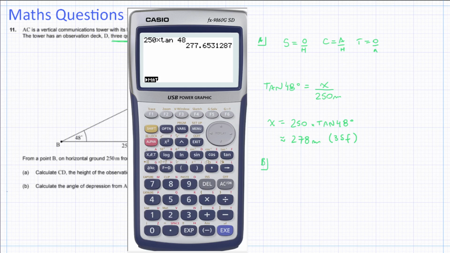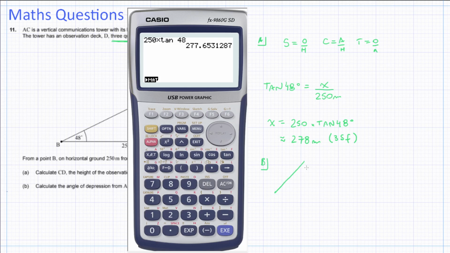If we split this into 4 equal parts, then this would be x, and this would be 1/3 of x. Anyway, we want to know the angle of depression.